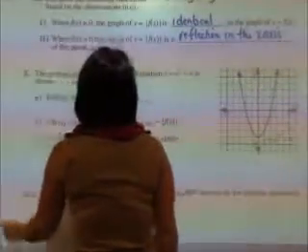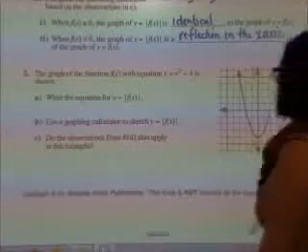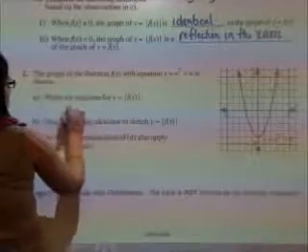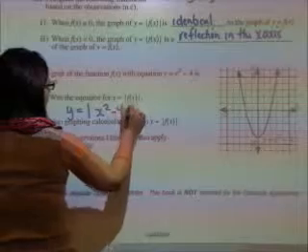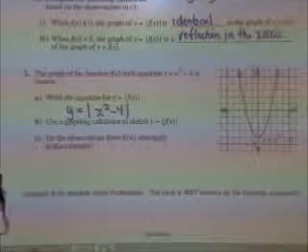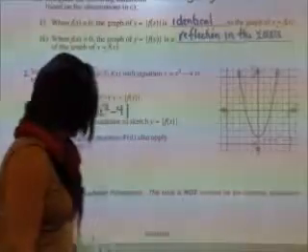Okay, so let's look at the next equation. f of x has an equation y equals x squared minus 4. If I was to write the absolute value equation, it would be y equals the absolute value of x squared minus 4. And it says use a graphing calculator to sketch the absolute value of f of x.